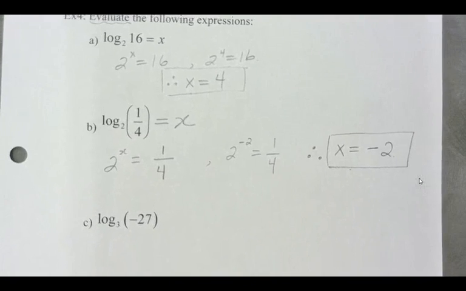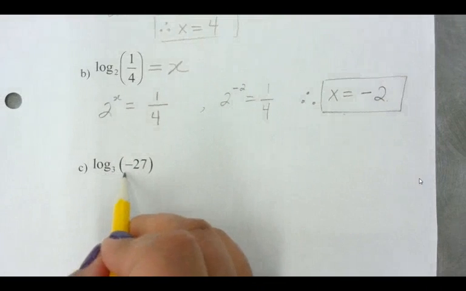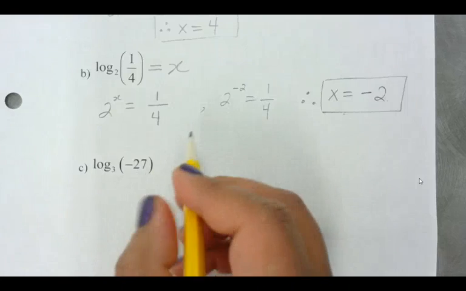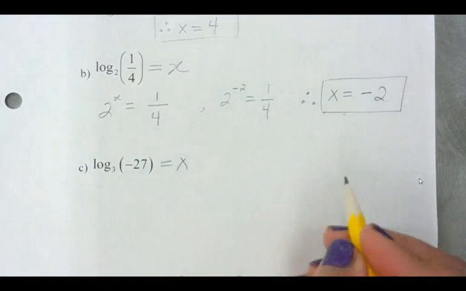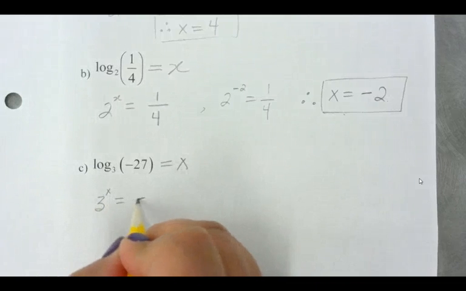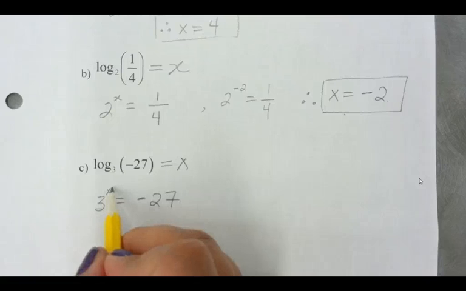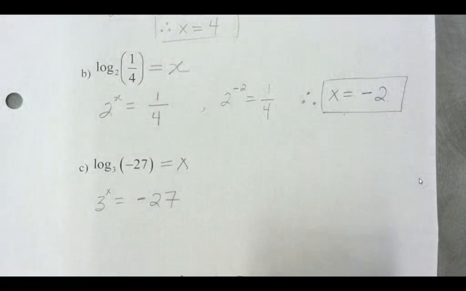And then here, for this last one, we have log base 3 of negative 27. So let's say that's equal to x. What we need to figure out is 3 to the power of x equals negative 27. What value of x is going to make that happen? There isn't one. It's not possible, right? Because, well, you could think, what is 3 to the power of 3? 3 to the power of 3 is 27.